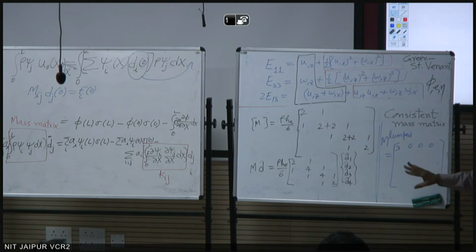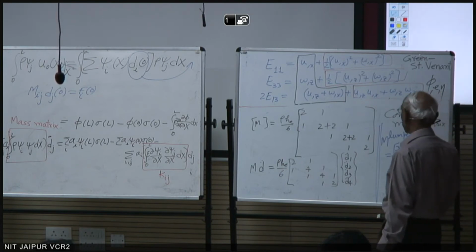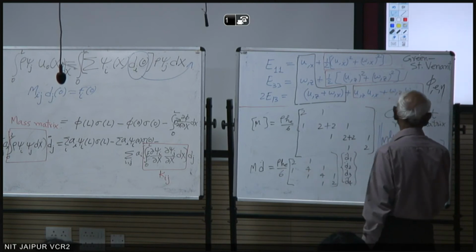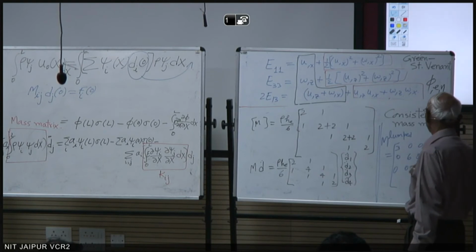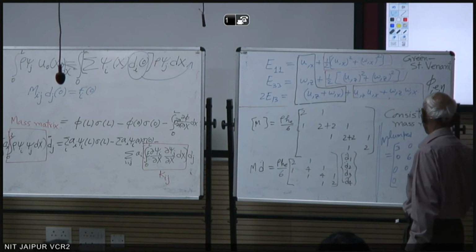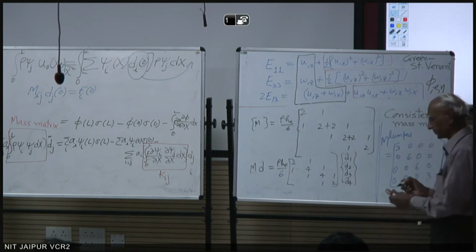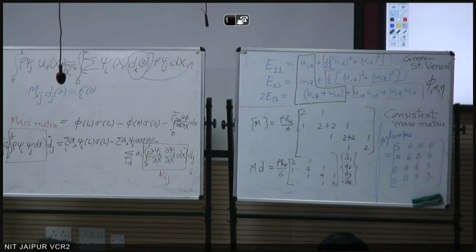First row, add all of them up, put at M11. Second row, add all of them up, M22. So it's 0, 6. Third row, same thing. Fourth row, same thing. So the total mass has not changed.